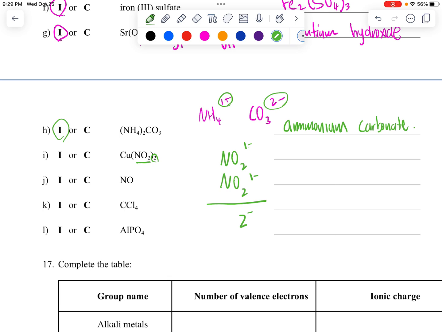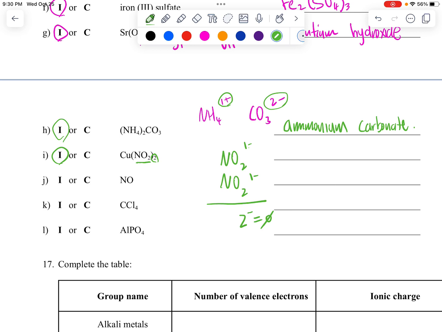Because NO2, which is nitrite, has a negative charge, and we know that copper, Cu, is a metal, which will have a positive charge. So it's between a positive and a negative, so it must be an ionic compound. And we know that ionic compounds are neutral, so zero charge.